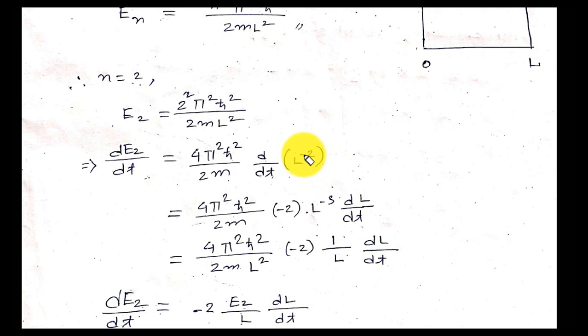On differentiating L to the power minus 2, we get minus 2 L to the power minus 3 dL/dt. So 4 pi squared h-bar squared by 2mL squared times minus 2 times 1 by L dL/dt. When simplified, L cubed is L squared times L. So dE2/dt is equal to minus 2 E2 by L dL/dt. Here 2 squared times pi squared h-bar squared by 2mL squared is E2, so this term you can write as E2. This is the required solution.